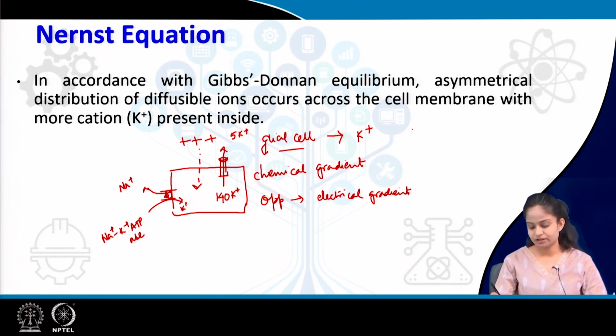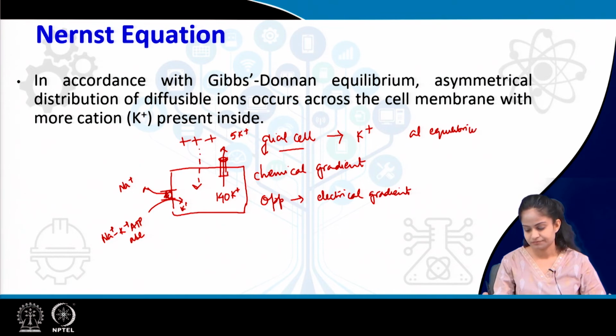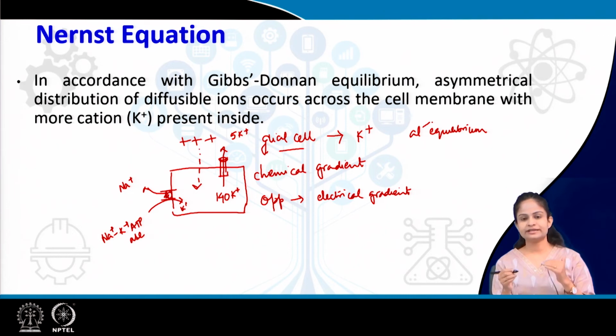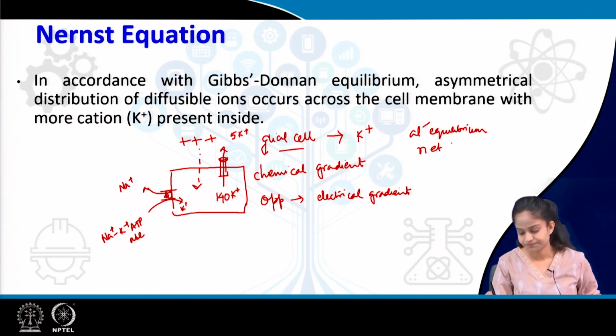At equilibrium, what will happen? There won't be any net flow of the potassium ions. Net flow of potassium ions means that if 5 potassium ions are going out, an equal number of 5 potassium ions will go inside. So, the net flow will be 0.